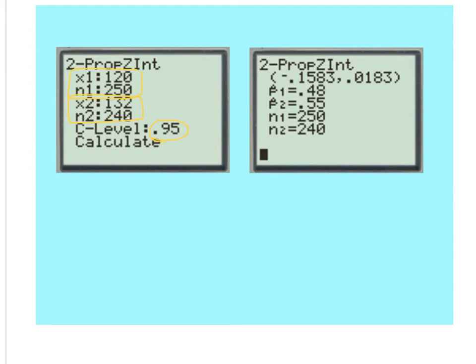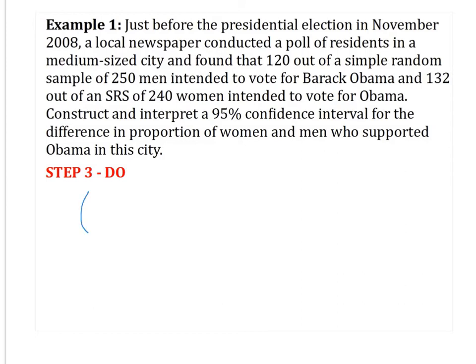And when I pressed enter, this is the interval that I got: negative 0.1583 to positive 0.0183. So if I write that out, this would be my confidence interval.